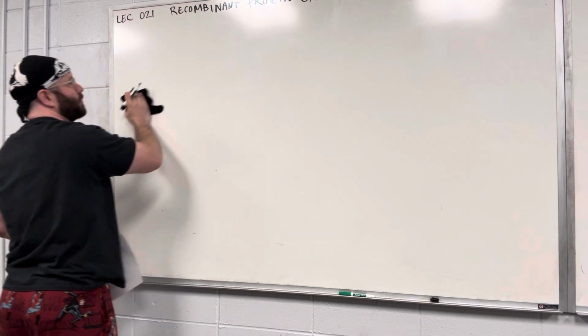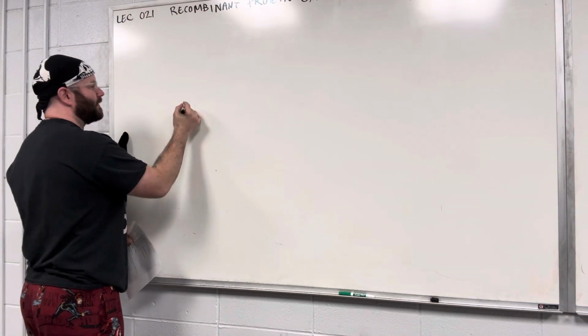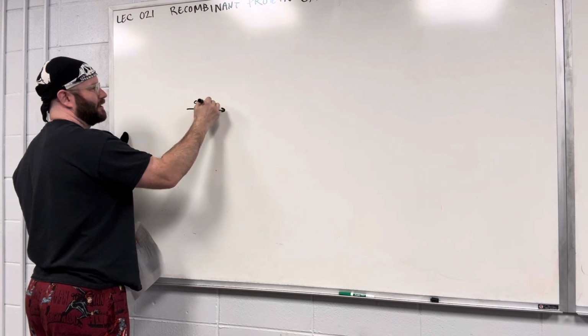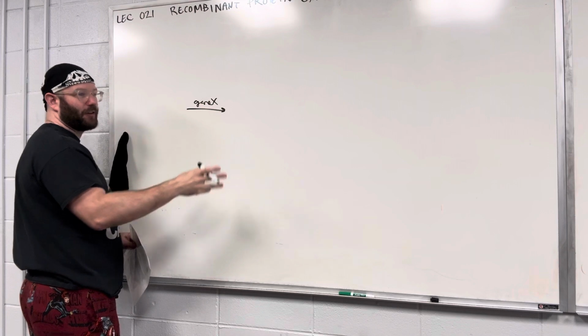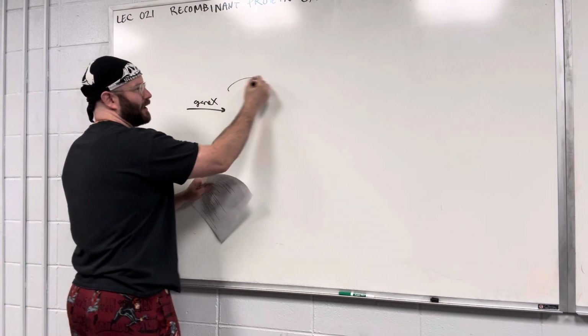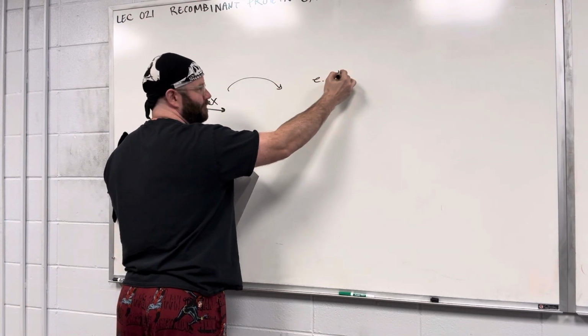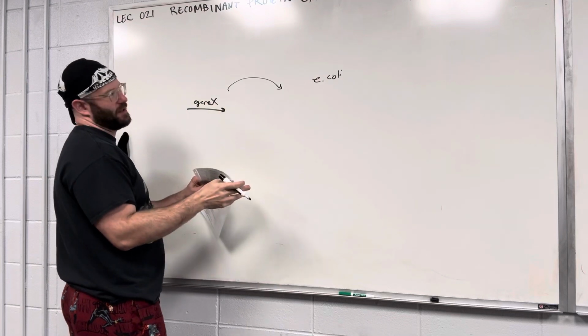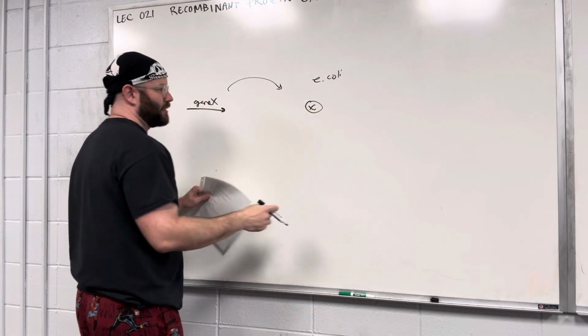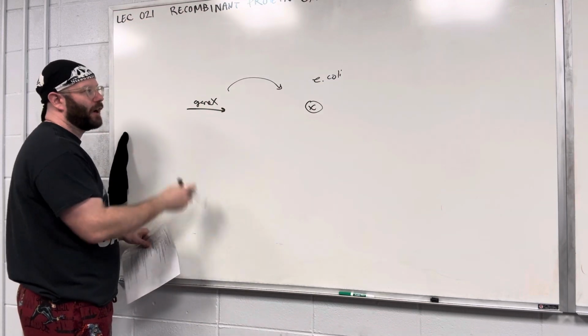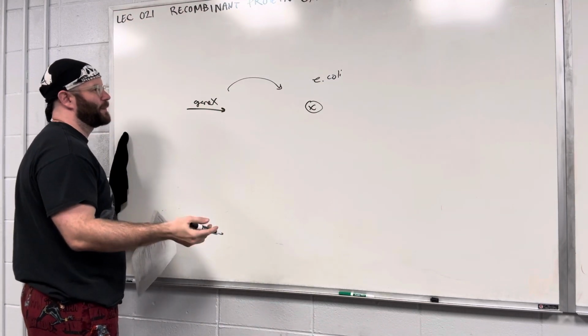So recombinant protein expression then is if you have some gene X that you're very interested in, and typically when you think of recombinant protein expression, you're moving it into E. coli for the explicit purpose of expressing protein X. There are lots of examples where we do this in biotechnology.